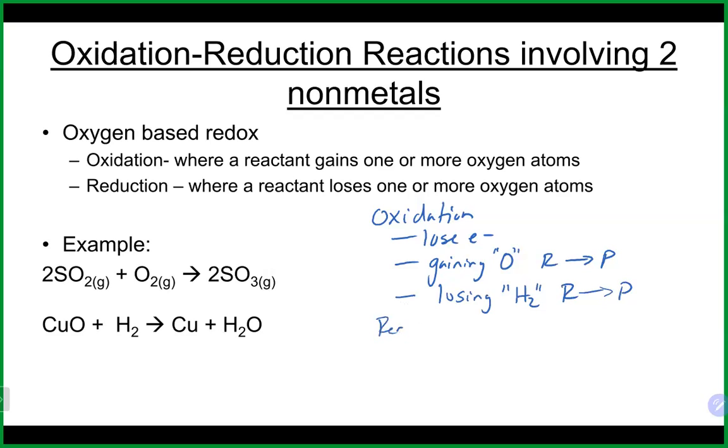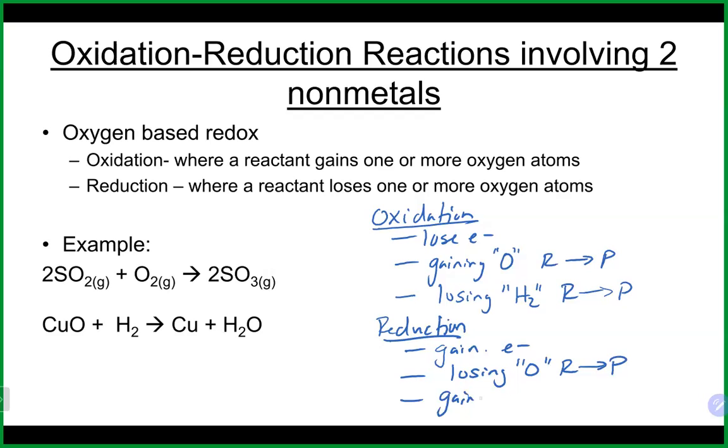Reduction has similar definitions. We saw that it is gaining electrons. It can be losing oxygen as you go from reactants to products. And it can be gaining H2 as you go from reactants to products.